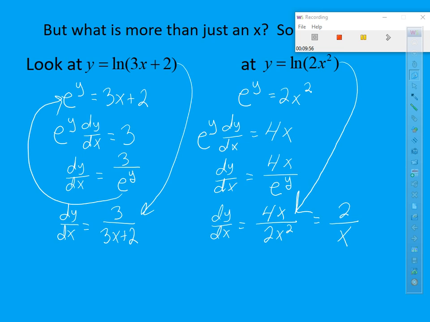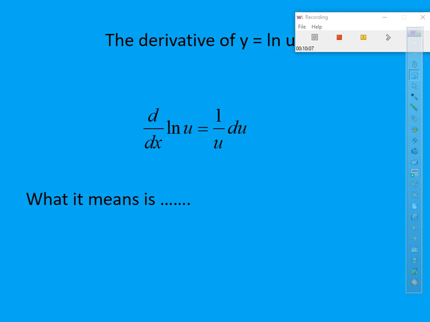But I'm hoping at this point, guys, you've got the shortcut figured out. Since it's a video, in case you don't, let's talk about the derivative of the natural log of u. If you look back at the other examples, it's going to be 1 over our u, whatever our quantity is, 1 over our u times the derivative of our u.